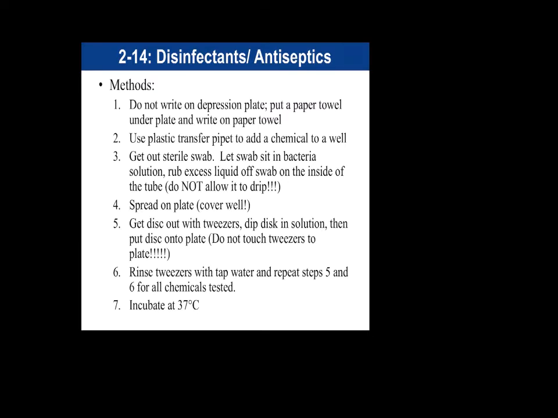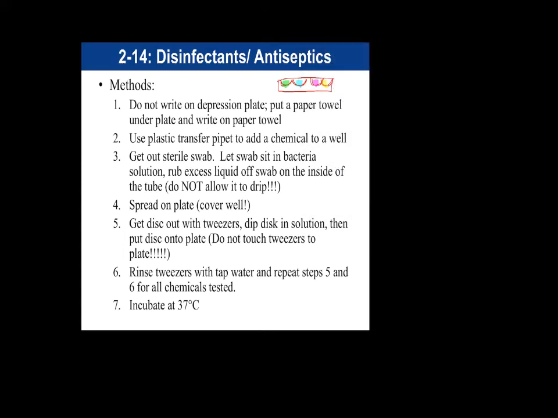So we end up placing the disinfectants and antiseptics in what we call a depression plate. And it looks like a miniature egg carton. So if this is that, you'll have little wells, and those wells can hold liquid. And so you put disinfectant number 1 in here, and then you'll put antiseptic number 2 and 3 and 4 in our little well plates.